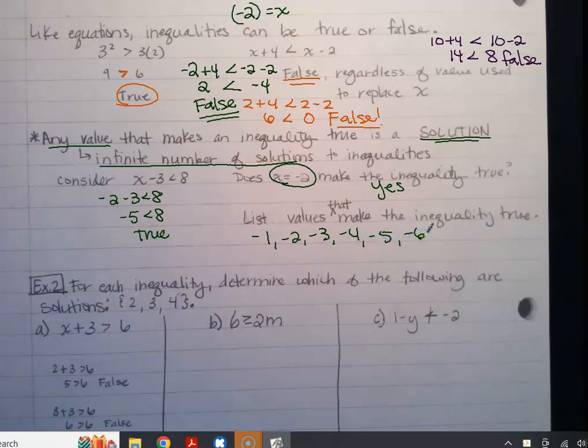Do you want to keep going and list all of them? No, right? It goes on to negative infinity. That's what it's saying. We have an infinite number of solutions. Some of the positives too, okay? Some positives.